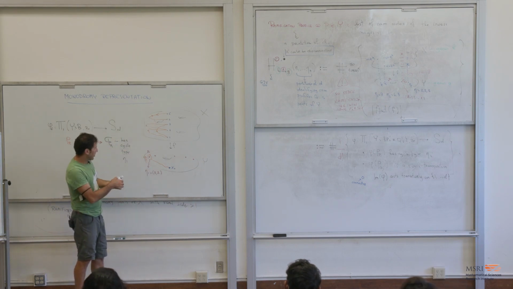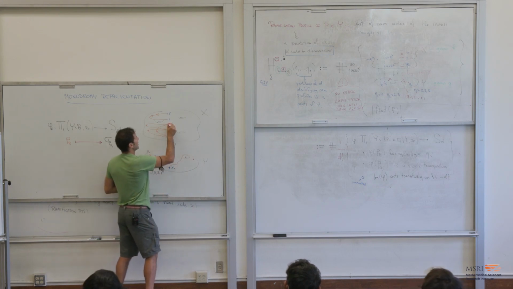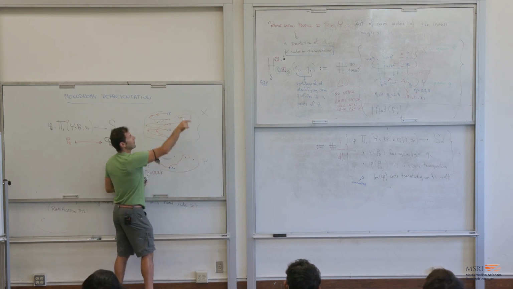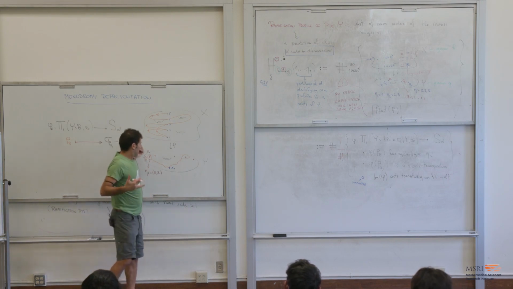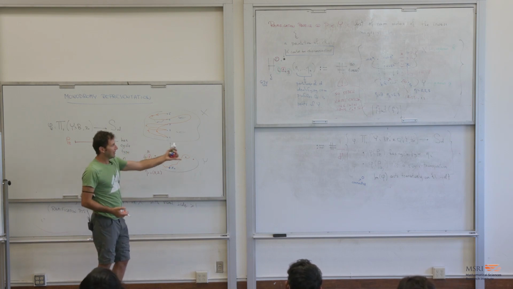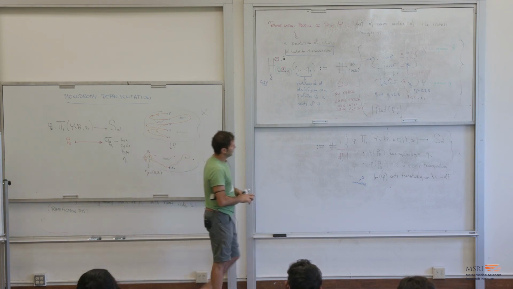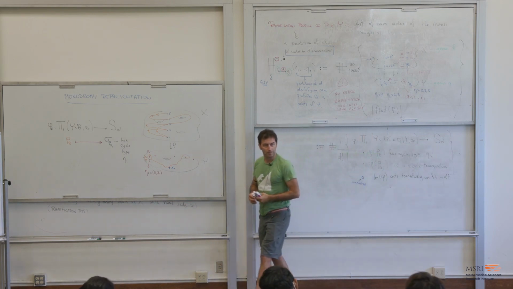If I only had these elevators, then I would not be able to reach all the floors. But maybe there's some other loop that will give some other sets of elevators that then will connect all the floors. The algebraic way to state this is precisely that the image of this group homomorphism in S_d acts transitively on 1 to d.